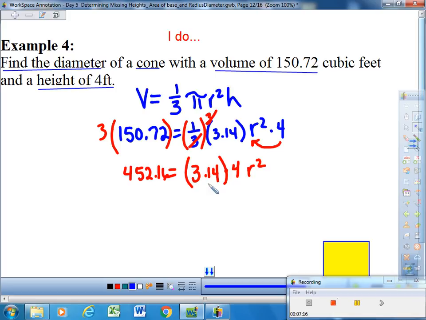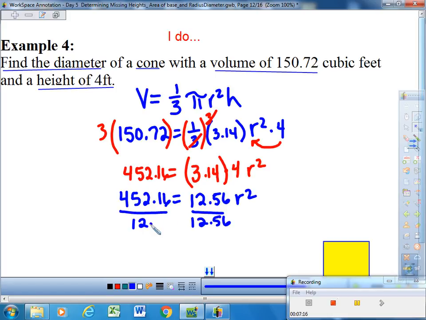So now 3.14 times 4 is 12.56 r squared equals 452.16. So how do you solve for r squared? Divide. So this becomes 36 equals r squared.